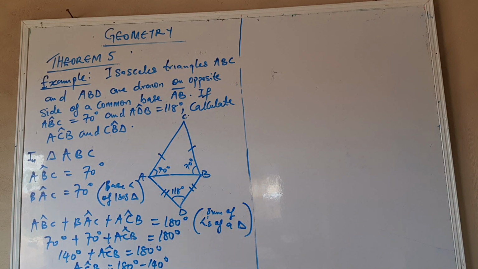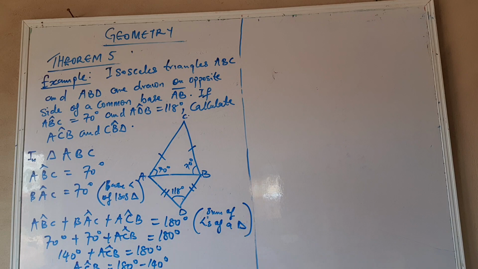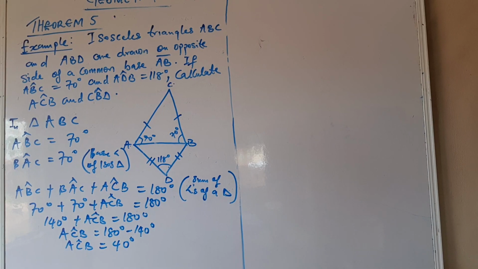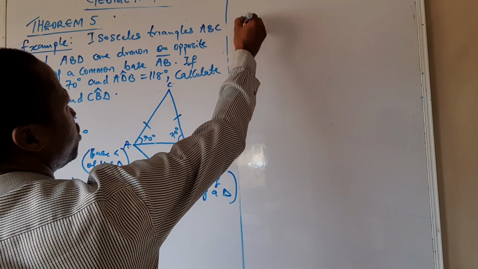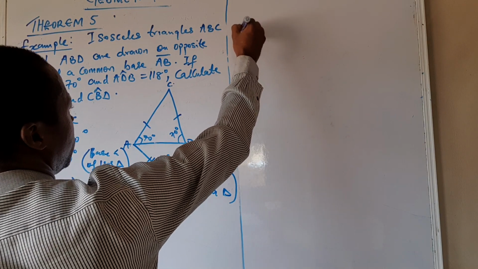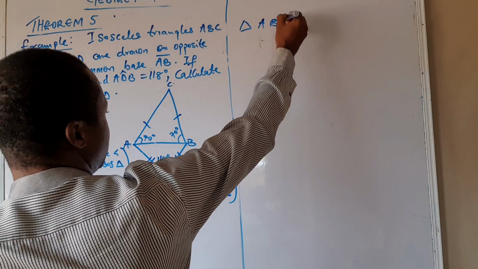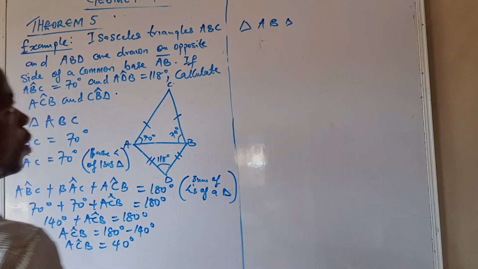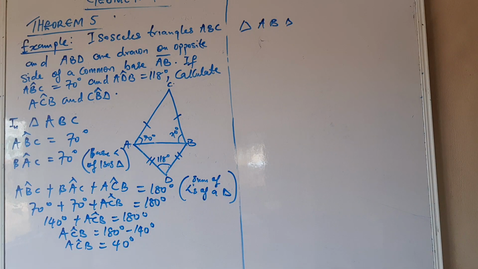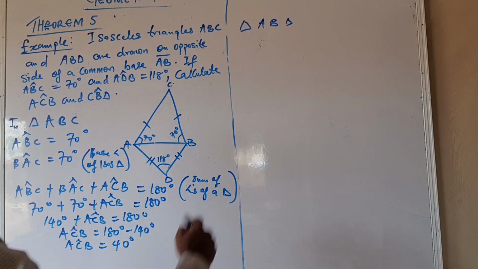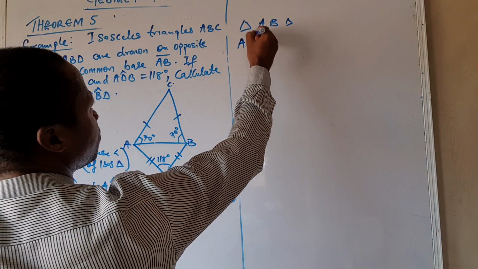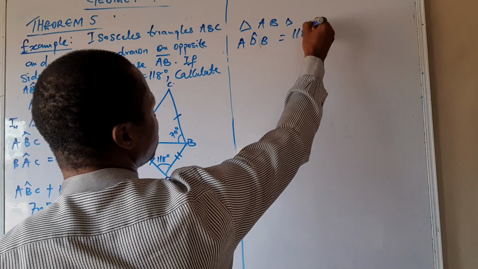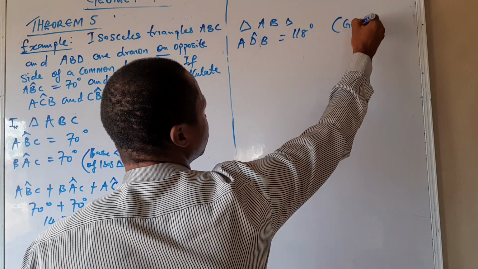Now, let's continue from here. Now let's look for our ABD. To look for my ABD, in triangle ABD, you agree with me that we have been given that our ADB is equal to 118 degrees. This one is given.